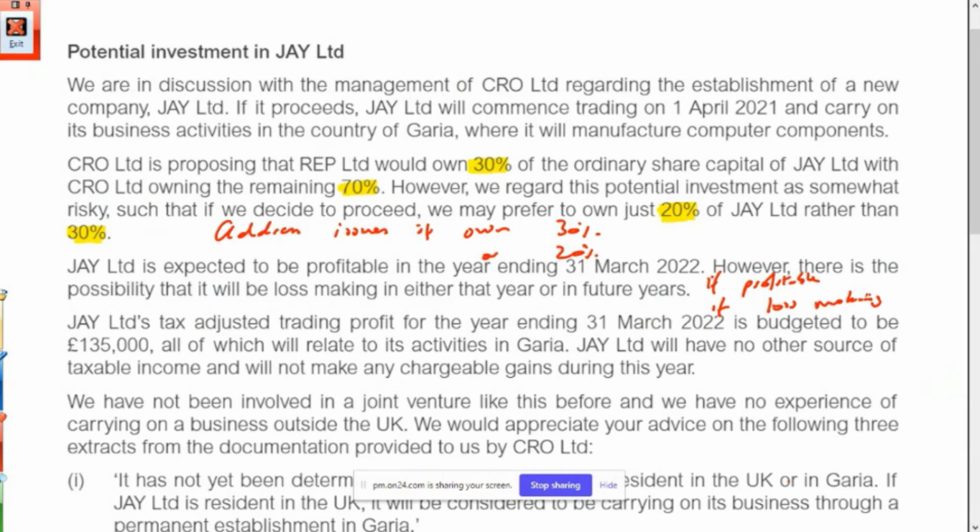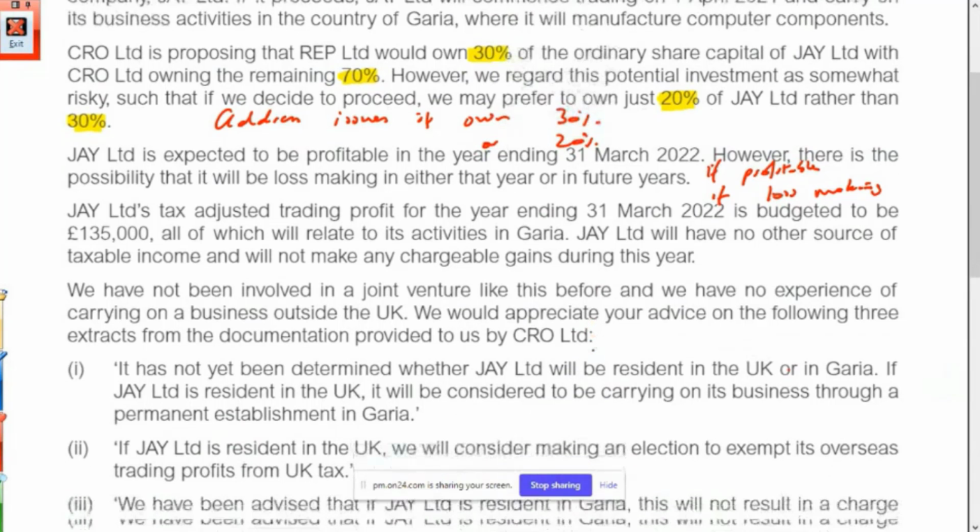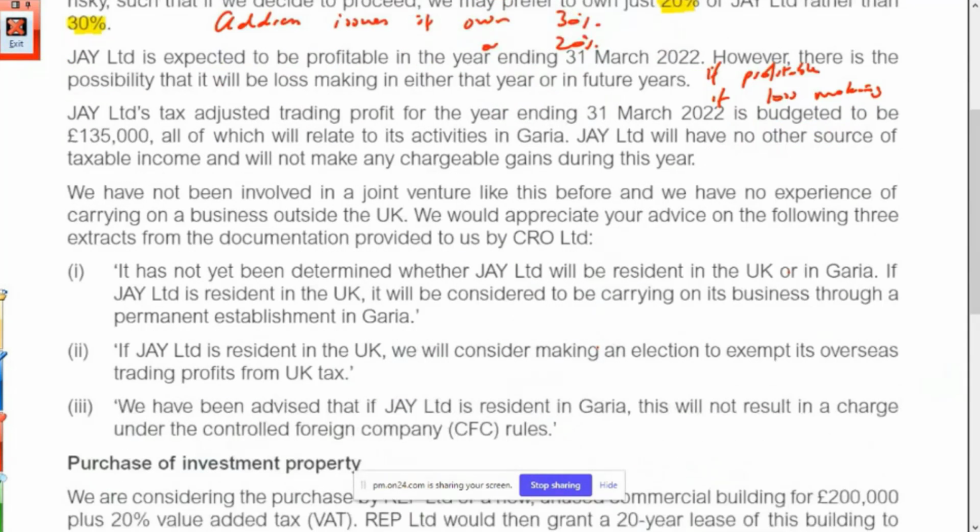It tells you the tax adjusted profit is budgeted to be 135, all of which will relate to its activities in Garia, and it will have no other source of income. So it's going to have an activity in Garia. It says, we've not been involved in a joint venture like this before, and we would appreciate your advice on the following three extracts from the documentation provided.